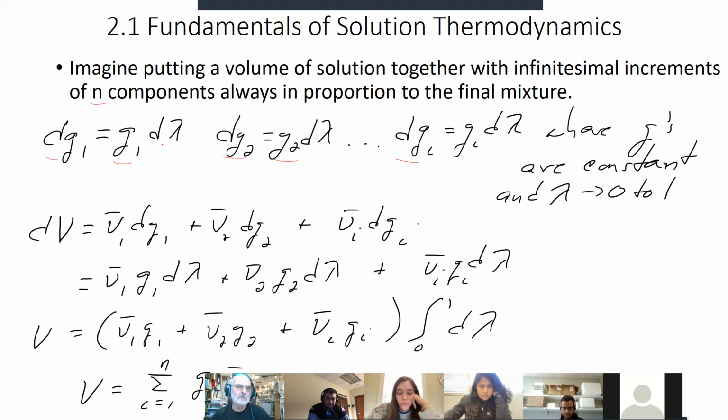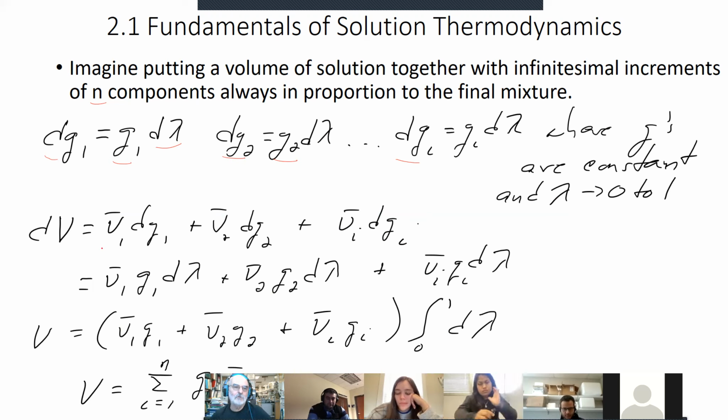How small an amount? I'm going to define it as d lambda, where d lambda is some kind of small number. I'm just going to keep adding it in the right proportion so that it's the right proportion for the final mixture. Now, what's the volume change when I do this?